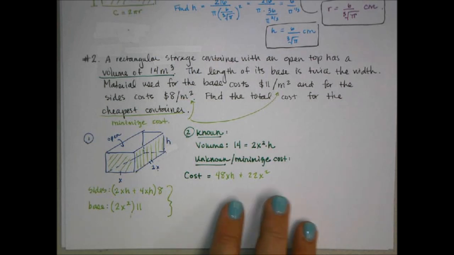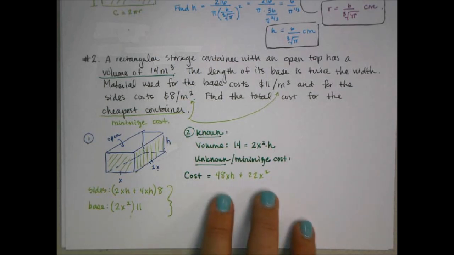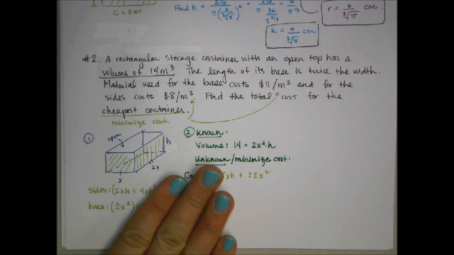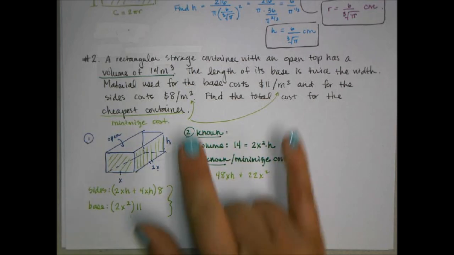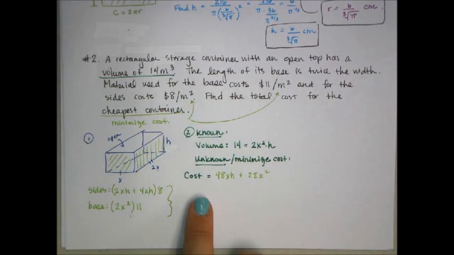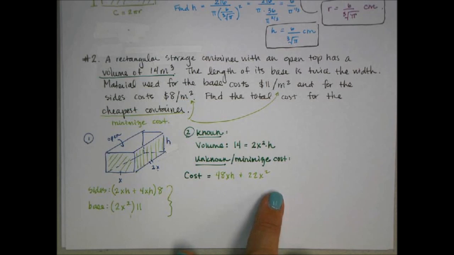This is what I want to minimize here. Notice it's not just surface area, it's price per surface area. So because the costs were actual values this time, I had to include them in my function. Otherwise, we're not going to get the right answer. So this is the function we want to minimize or find its critical numbers.